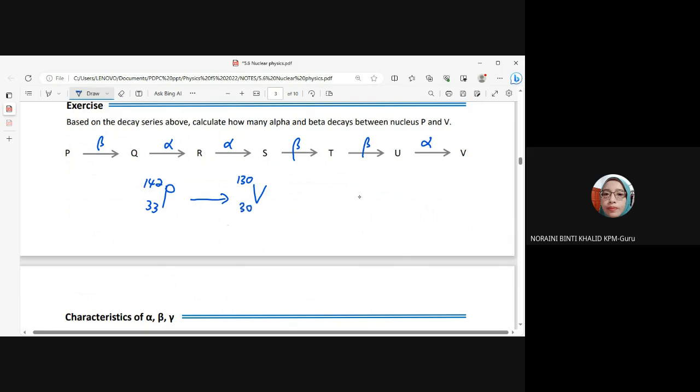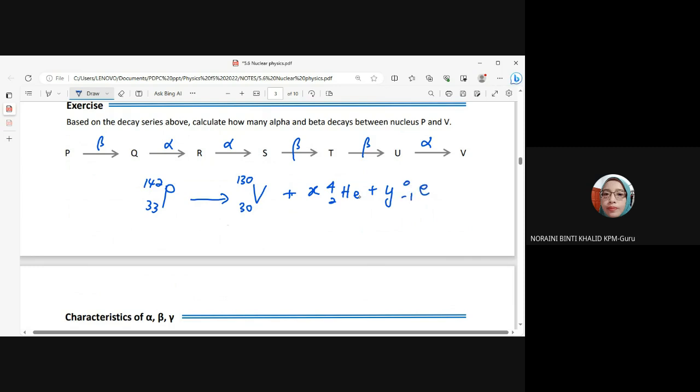Okay. We don't know how many alpha are released, so I just put x for 2He. And I don't know how many beta, so I just put y.